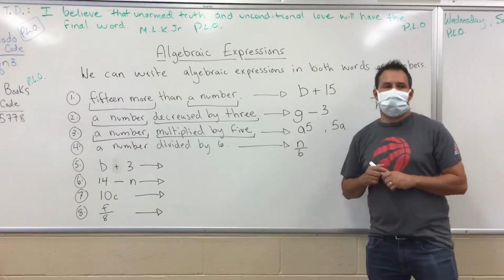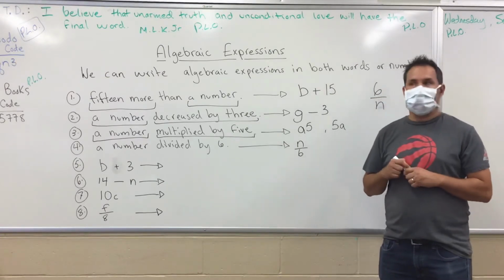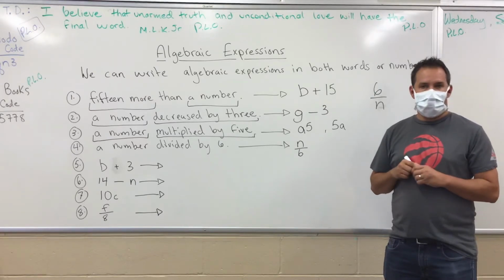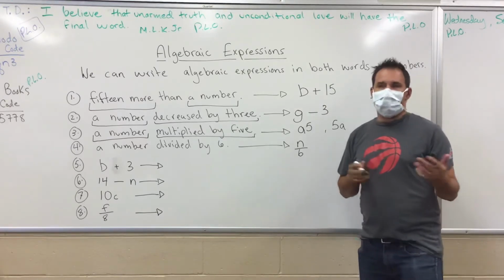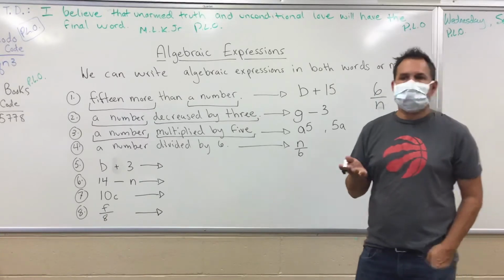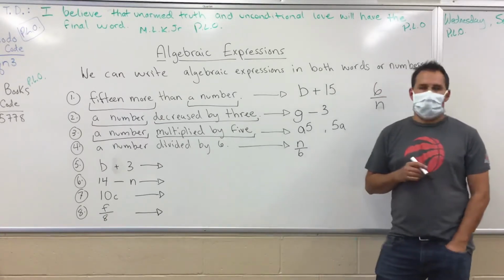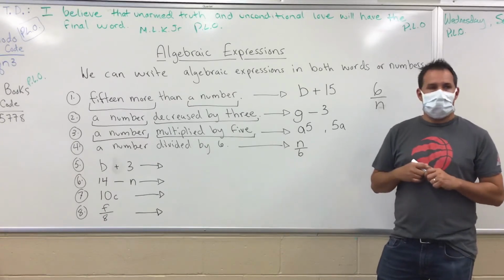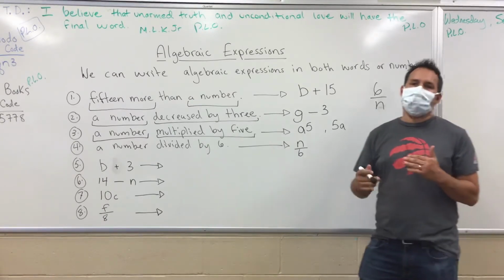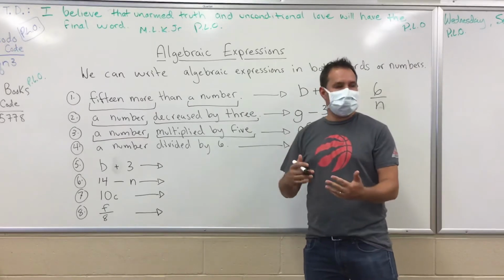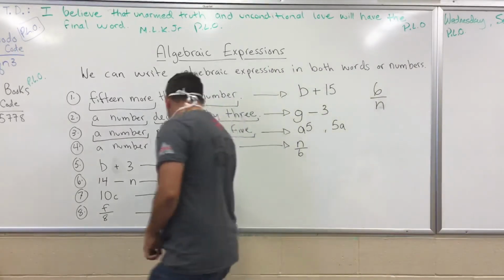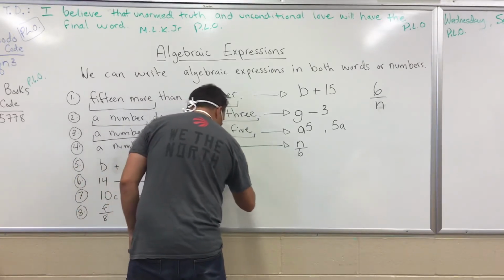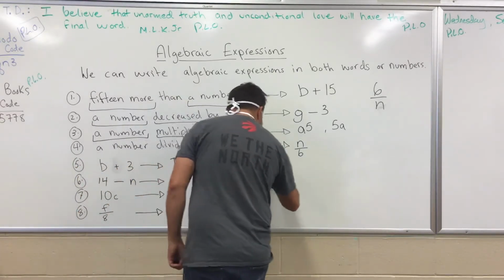How would we write b plus 3 as a sentence? Take the unknown number and add 3. Is there another way we could say that? When you're adding 3, is that making it more or less? More. So we might say 3 more than a number.